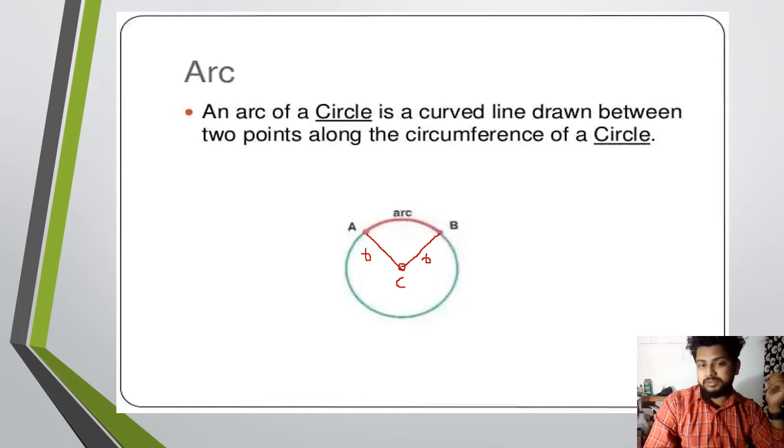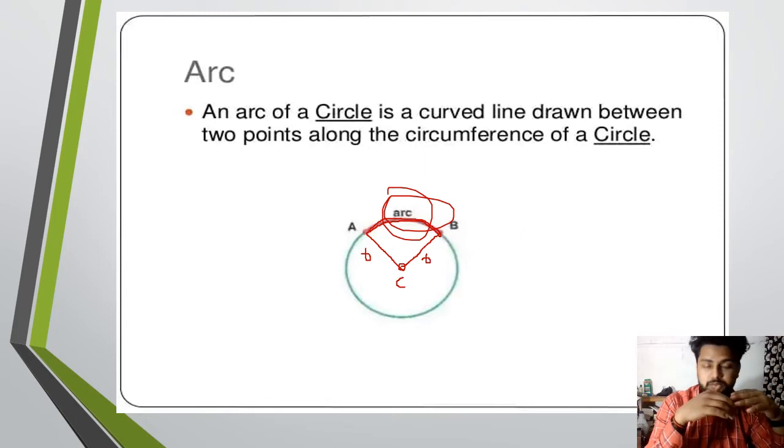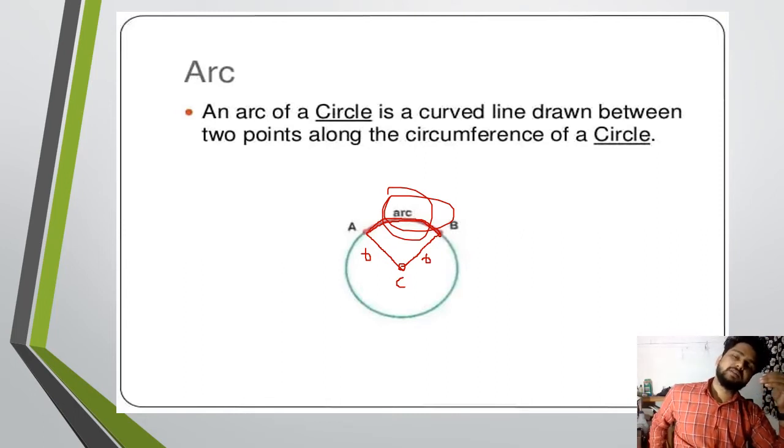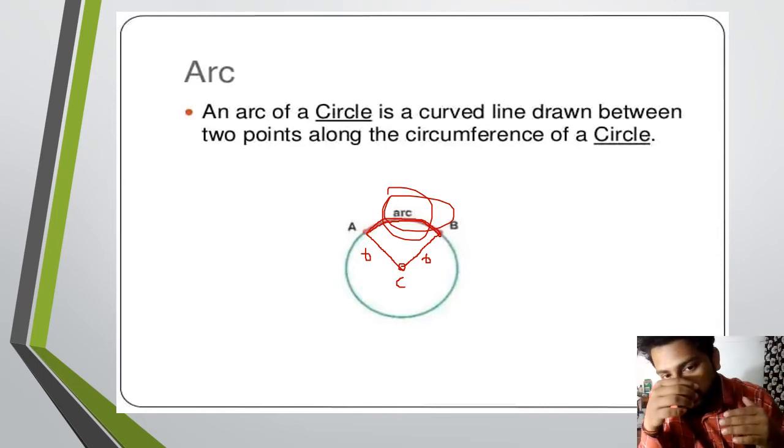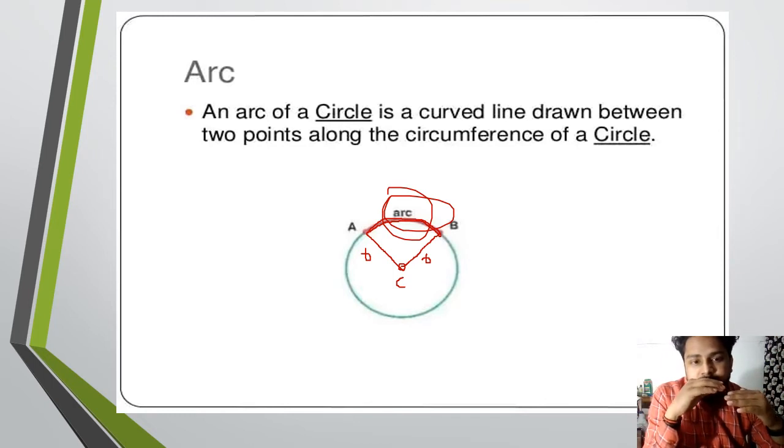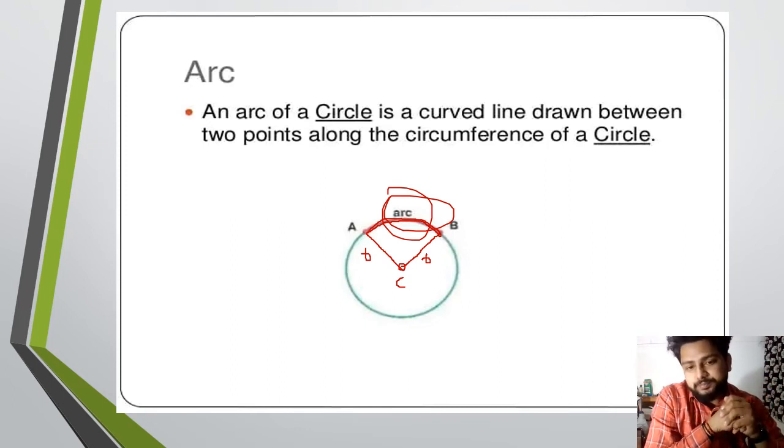And when we measure this distance along the circle, it is known as the arc. An arc of the circle is a curved line. Always it's a curve. It's not a straight line like the radius, diameter and chord, which are straight lines. An arc of the circle is the curved line drawn between two points along the circumference of the circle.